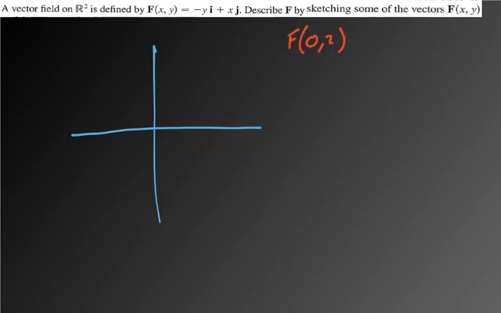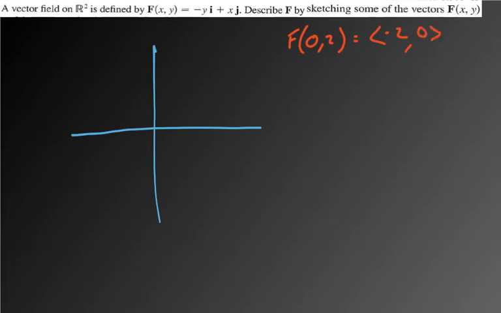I just want to sketch a few to give you an idea of what we're doing here. This one says that no matter where you are, this vector field is defined by negative y, whatever point you're at. If you're at 0, 2, it's going to look like negative y in the i component, so negative 2, and then x in the j component, so 0.